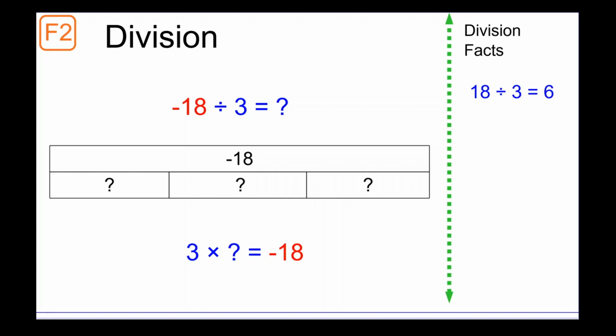Well, we can see here we're multiplying a positive number by something to get negative 18. So that something must be negative. And the only thing it can be is negative 6. Let's see if that makes sense. Negative 18 splits into 3 groups of negative 6, which does make sense.